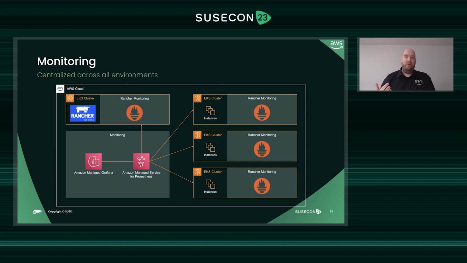But more important, I reduce the complexity and have this centralized view on all of my metrics across all my different clusters. So let's assume I want to get alerted for a specific event. With this centralized approach, I can just configure it once, and it will cover all the environments. Otherwise, I would have to do different configurations on different clusters.